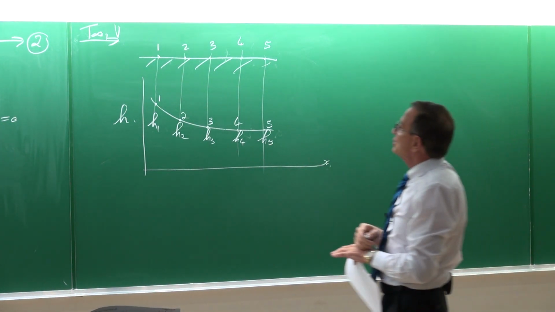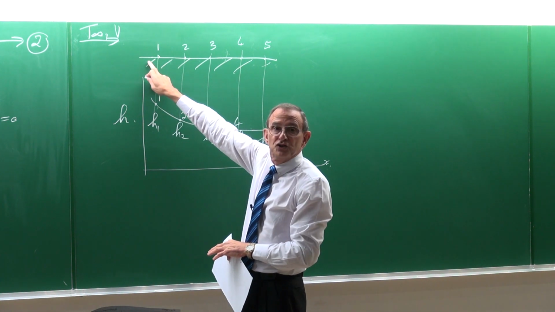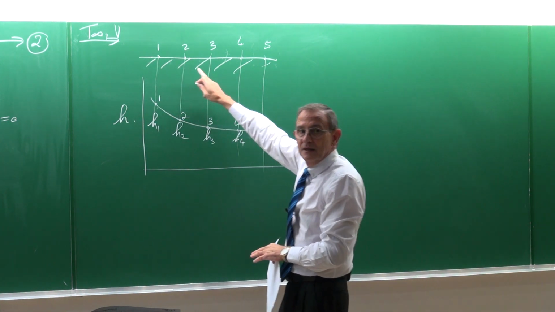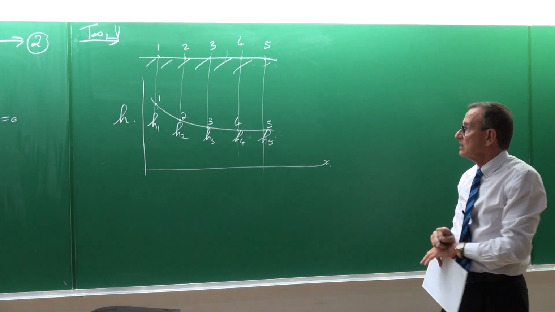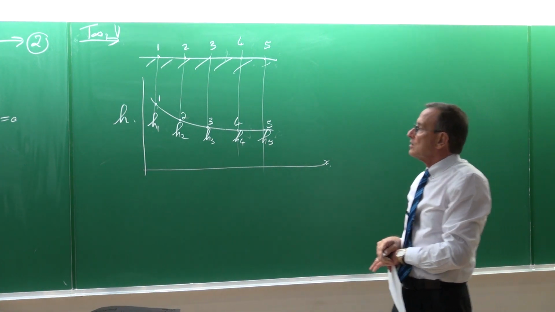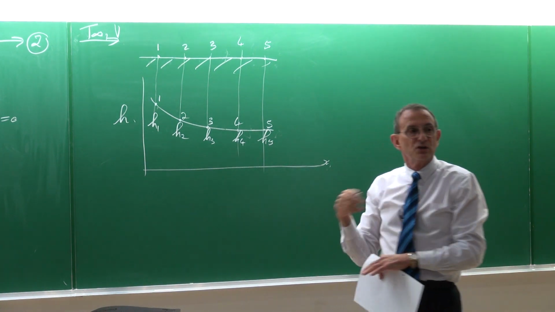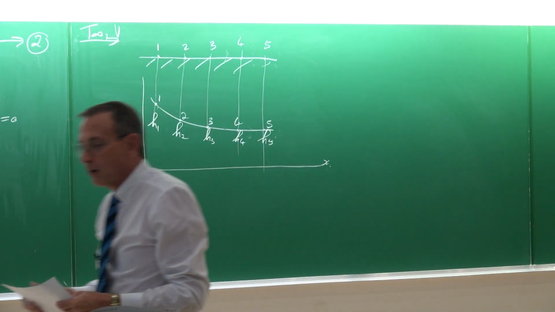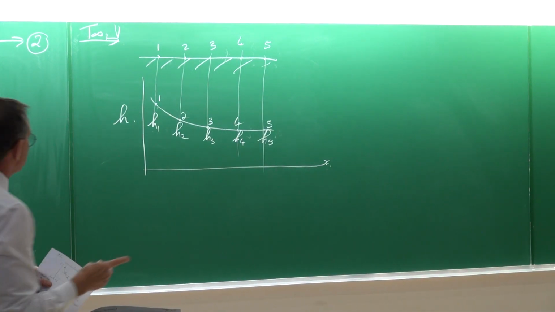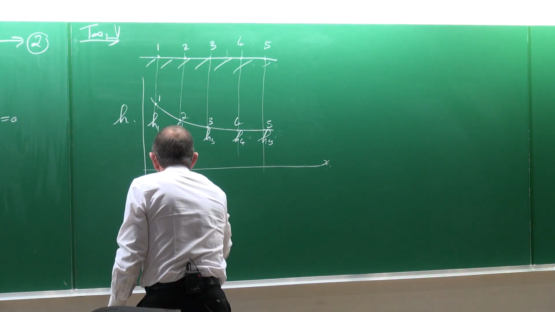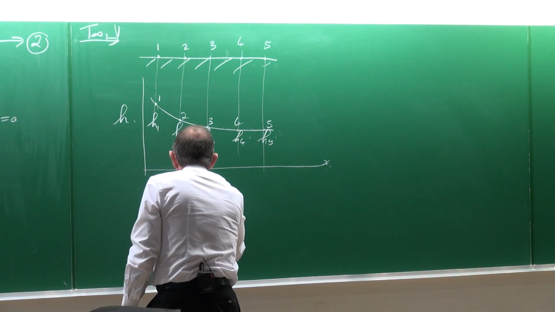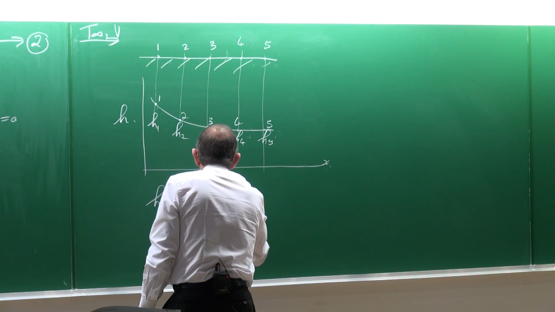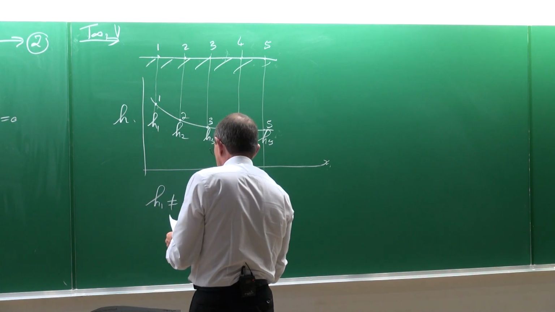At the leading edge, the heat transfer coefficient will be at its highest, and then it will decrease as we go downstream. So the heat transfer coefficient is not a constant over a surface. So we should actually write here that the heat transfer coefficient at 1 is not equal to the heat transfer coefficient at 2, which is not equal to the heat transfer coefficient at 3.